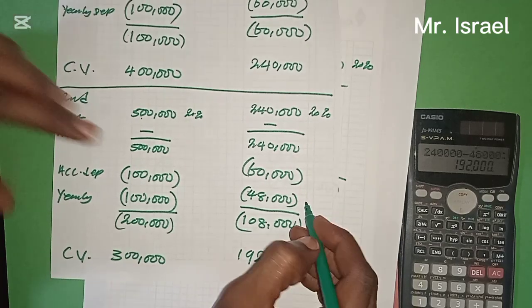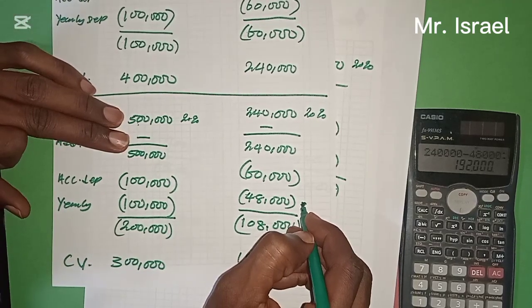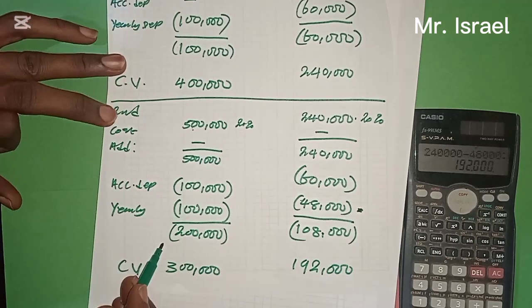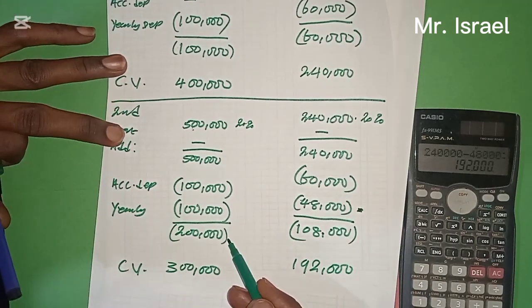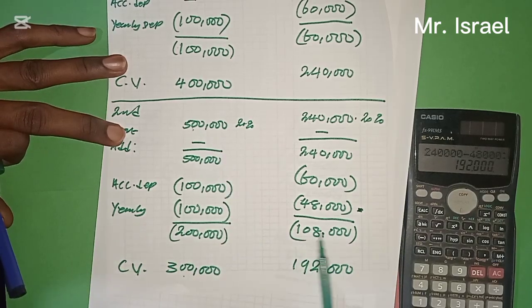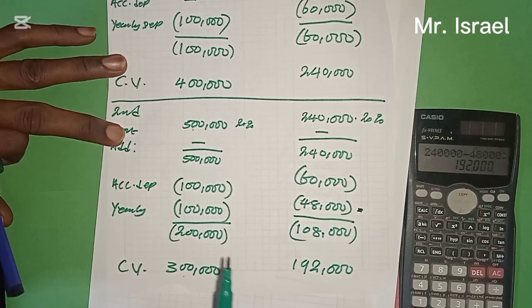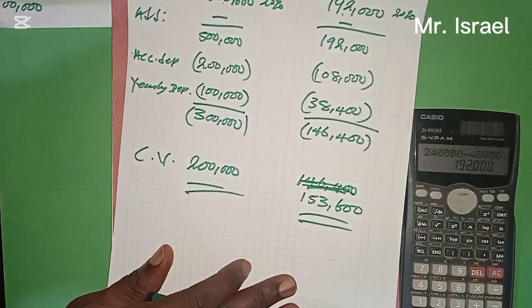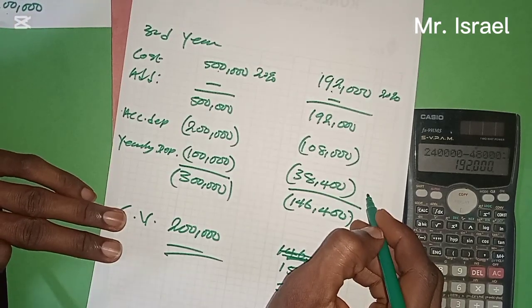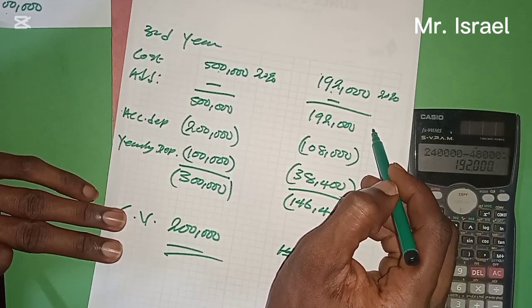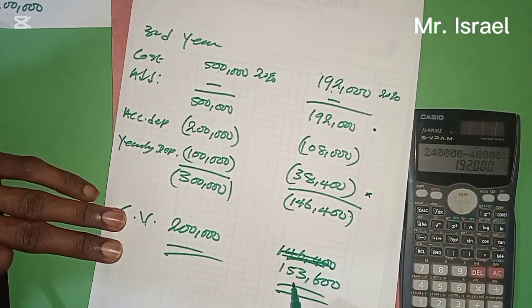So it is this figure, the yearly depreciation, minus the carrying amount. But in the straight line method, we are using the accumulated depreciation to get the amount here. But here you don't use the accumulated depreciation because it is not apportioned equally, right? So here we use this minus this. 192 minus this will give us this.